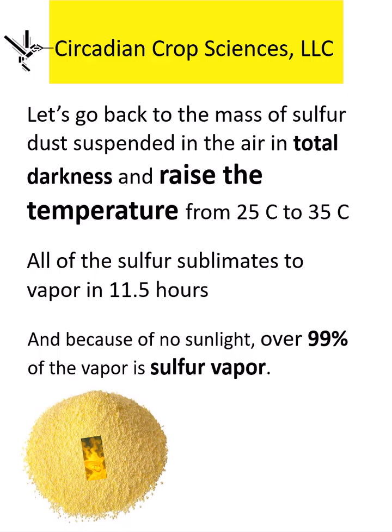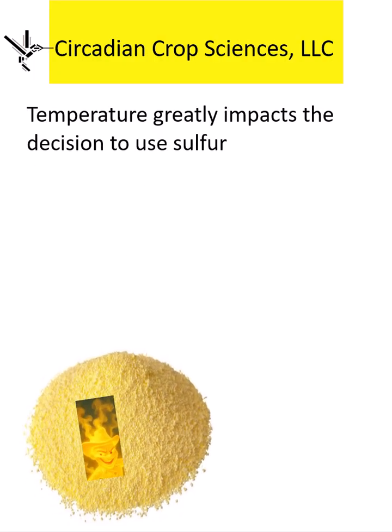And because of no sunlight, over 99% of that vapor is sulfur vapor and not sulfur dioxide. Temperature greatly impacts the decision to use sulfur in agriculture.